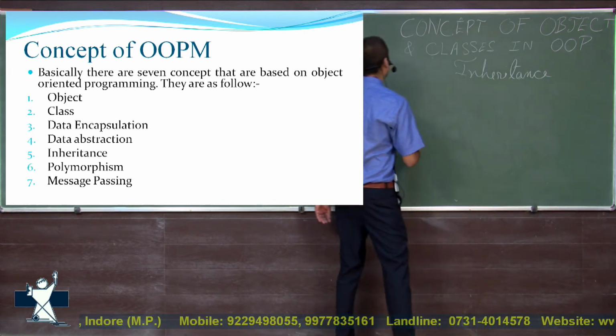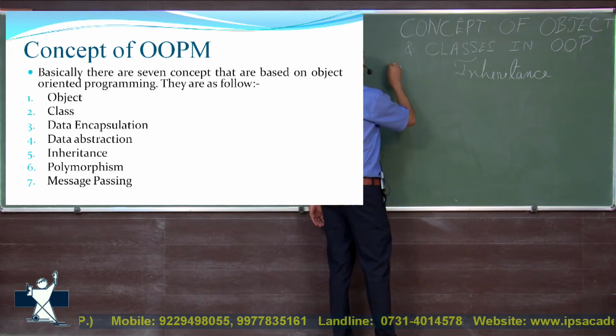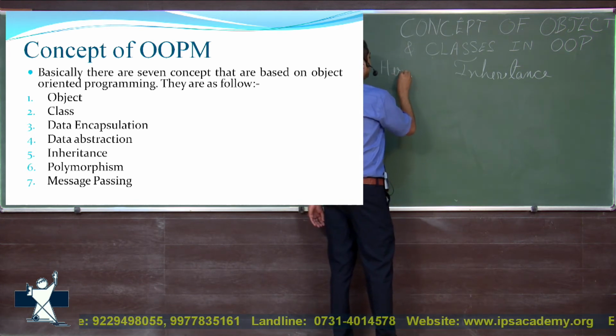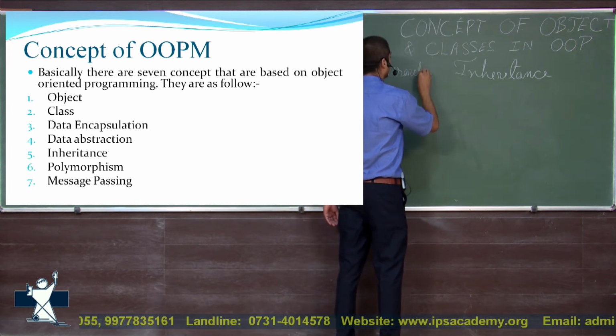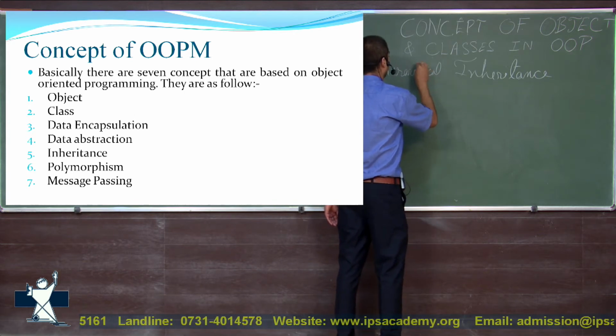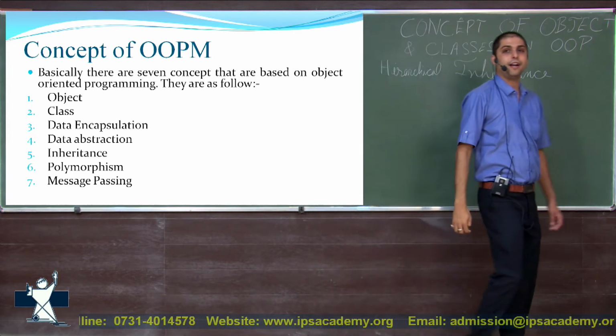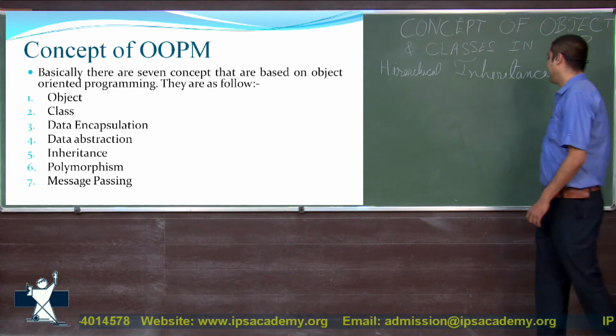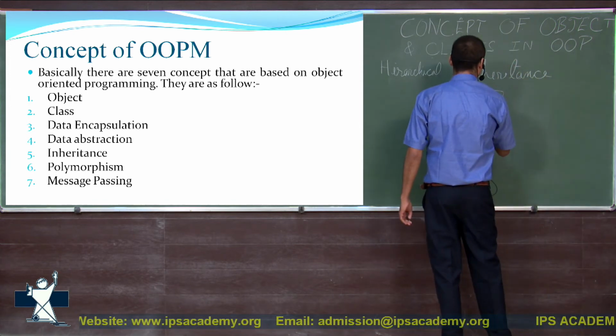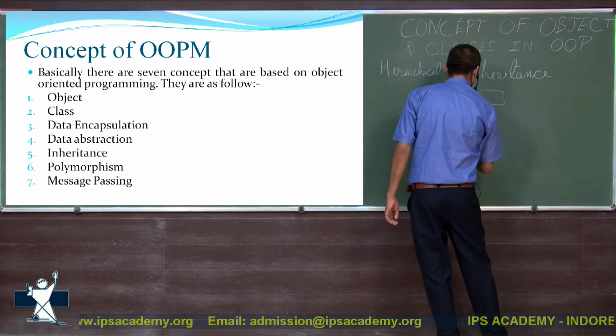The fourth example of inheritance is hierarchical inheritance. In hierarchical inheritance, we have a hierarchy which is going downward.